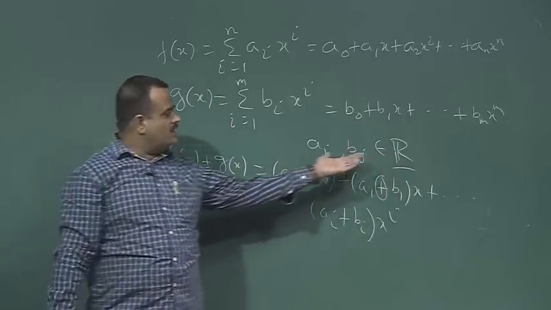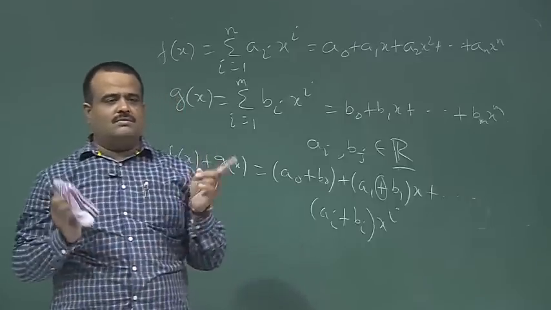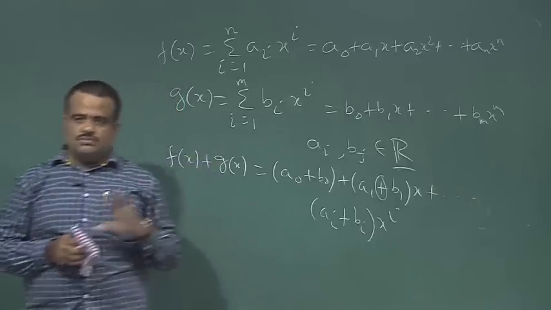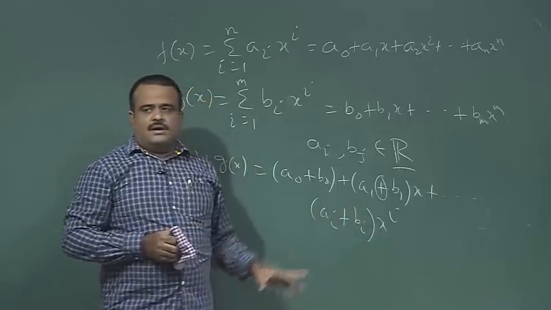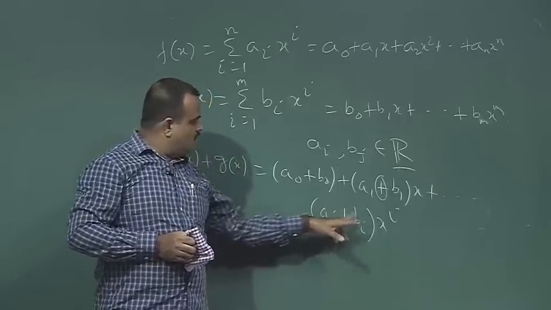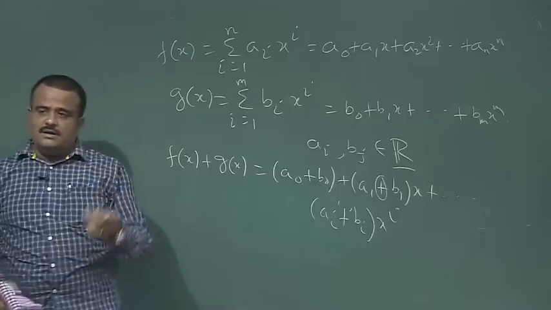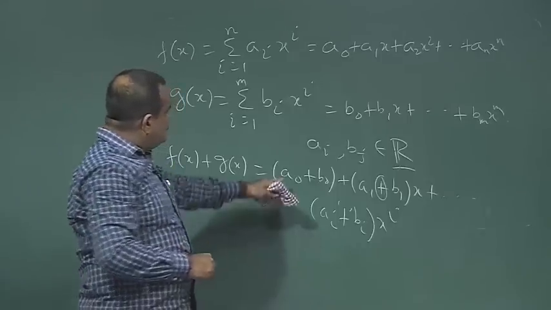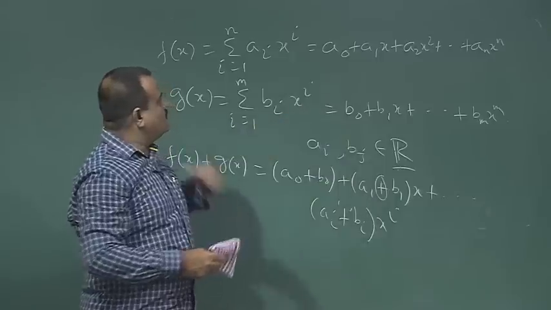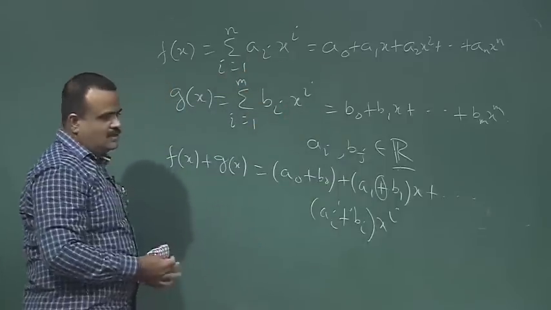In the ring or the field we have two operations, addition and multiplication. So, we can add two coefficients, two elements coming from that ring or field. So, we are doing the addition over the coefficients.